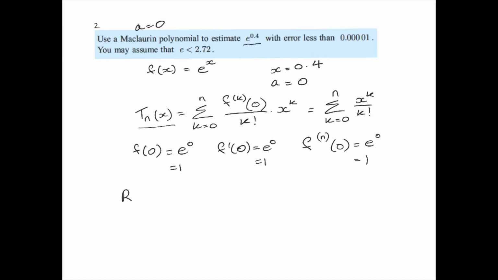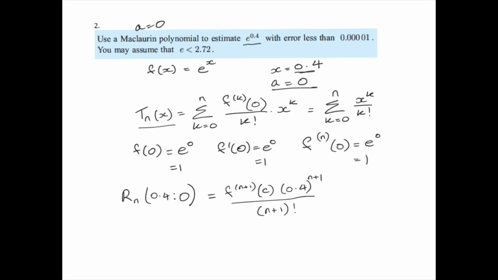So the error, R_n at the x value, which in this case is 0.4, with the a value, which is 0 in this case, would equal, if you remember, I'm going to write this other version, f to the n plus 1, the n plus 1th derivative of f, but it's in terms of c, a constant which we don't know what it is. And then we have 0.4, or x, to the n plus 1, all over n plus 1 factorial.